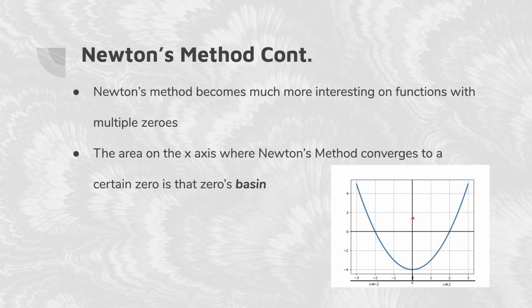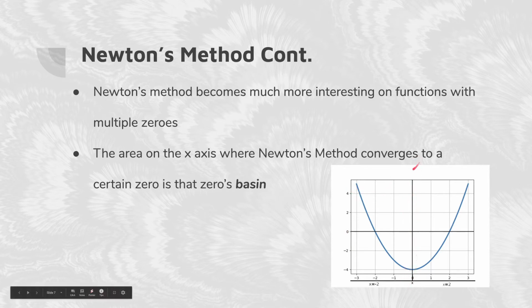And so depending on the value of x naught, we will get a different value out of Newton's method. It turns out these areas are called basins of convergence, because they're the places, like basins, where it all will funnel down to one value when run through Newton's method. And for this one, it's a very simple function.